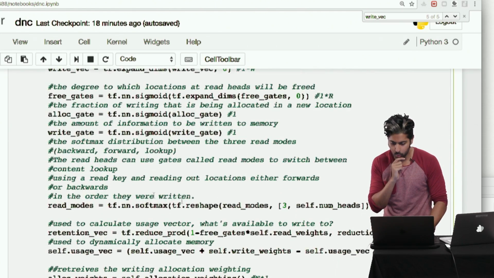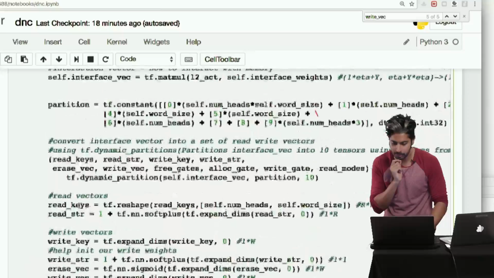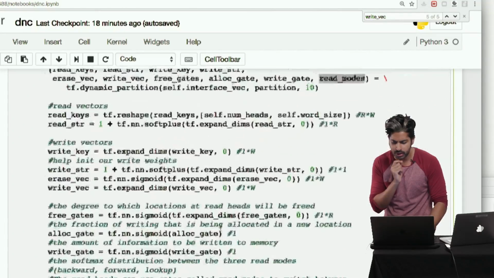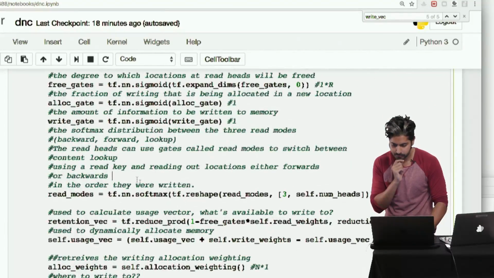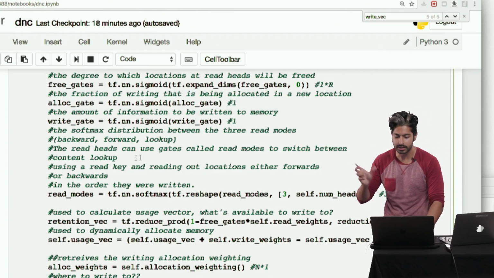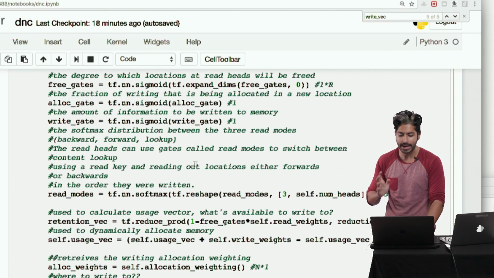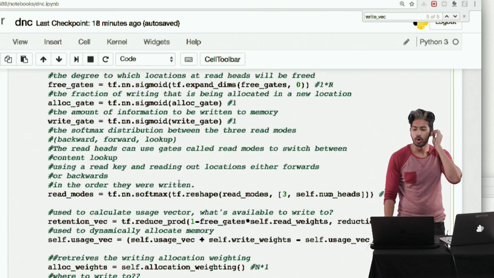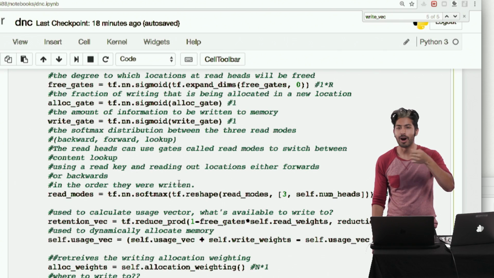Okay, so then we have one more variable from our partition that we talked about at the very end. What was that last one? It was the read modes. So what are these read modes? The read heads can use gates called read modes to switch between content lookup using a read key and reading out locations either forwards or backwards in the order they were written. So the mode tells us how we should read.